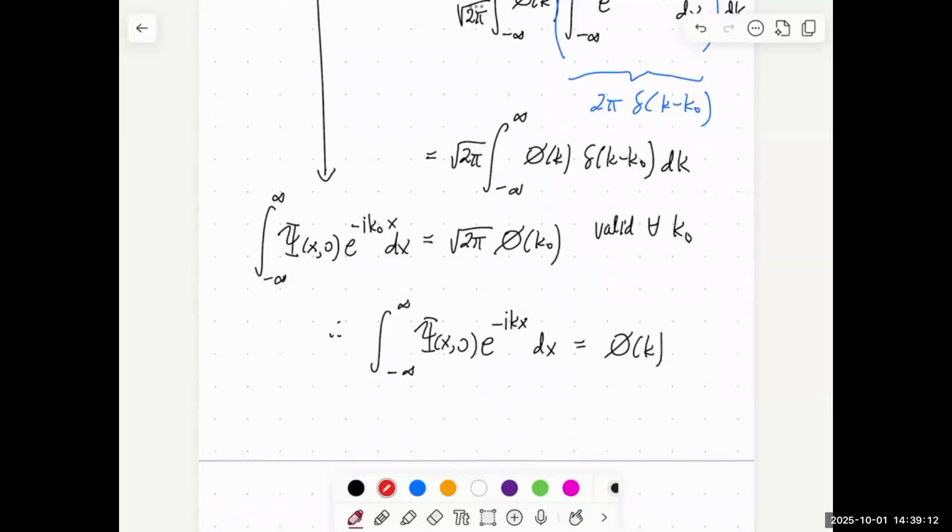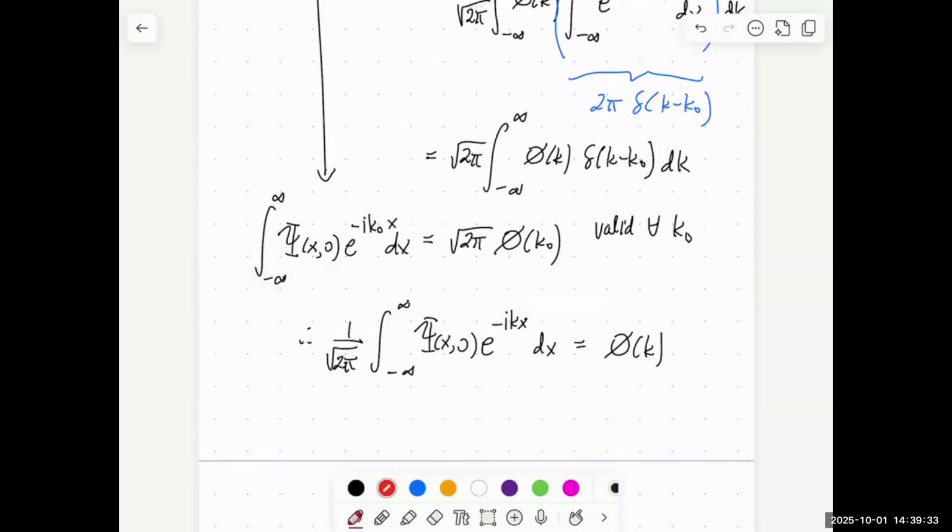All right. You lost your square root of 2 pi. I lost my square root. Yes, that's true. You're right. I have to divide by root 2 pi. Exactly. Thank you for that. 1 over root 2 pi.